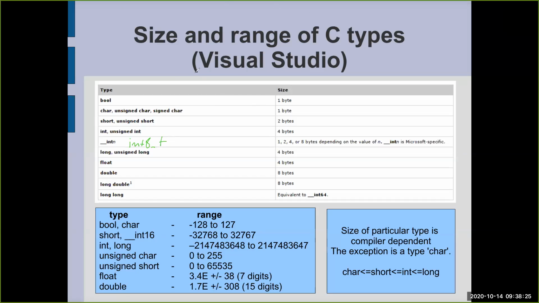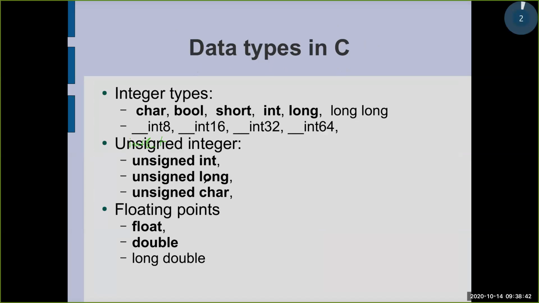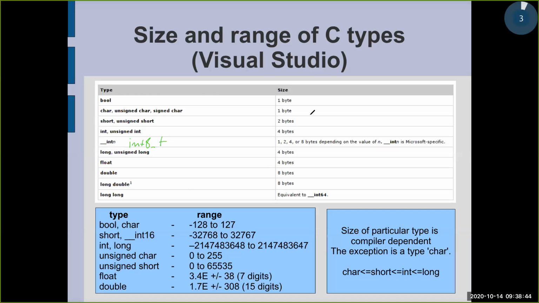But look, what is the difference? So why do we have so many integer types, or two floating point types, or, let's say, several unsigned types? So here you have an explanation. What is the difference between the types?